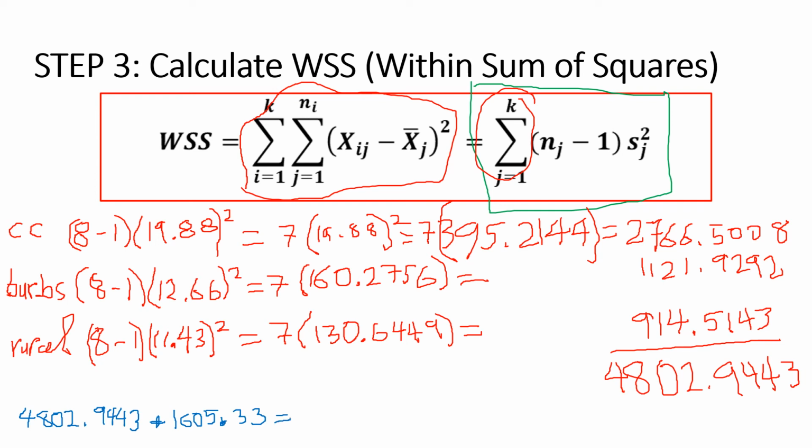This is our WSS, and this is our BSS. Together, they should add up to our TSS.